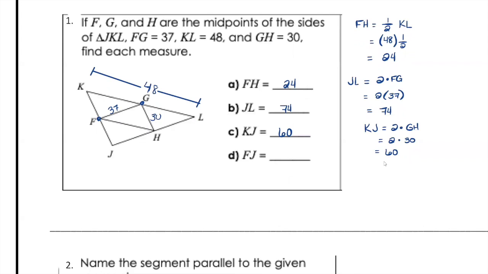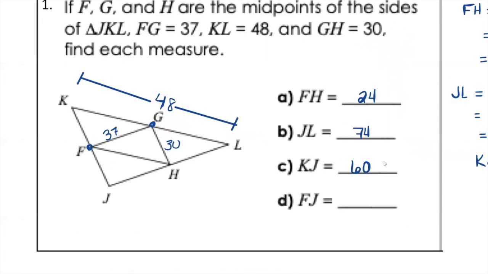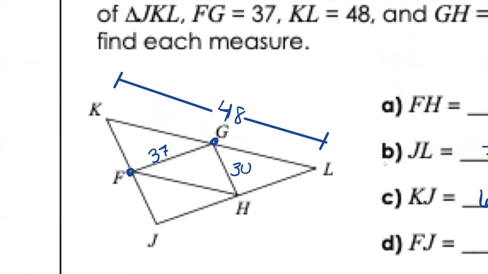The last one is FJ. So when I look at this figure, we just said, hey, this is 60. So we know that's true. What is F in relation to KJ? F is a what? Midpoint. What does a midpoint do? Cuts it in half.